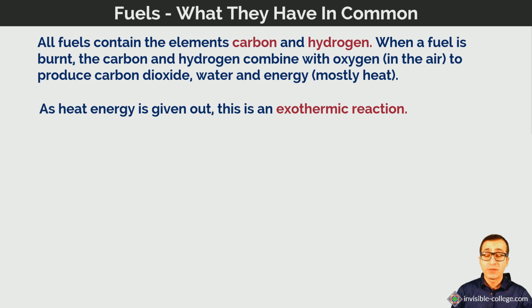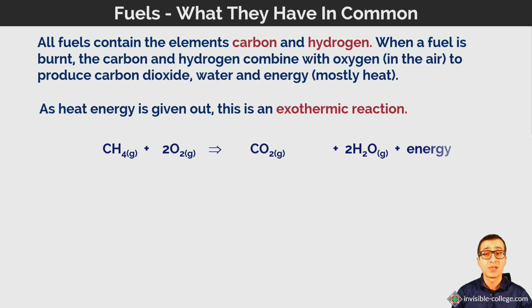So, for example, if we're burning methane, which is the main component of natural gas, methane has the chemical formula CH4. It is a hydrocarbon. So the chemical equation for the complete combustion of methane in excess oxygen is shown here. Now, strictly speaking, you shouldn't really put energy as part of a chemical equation.